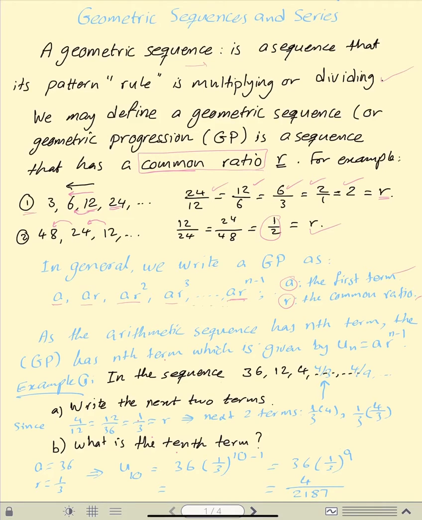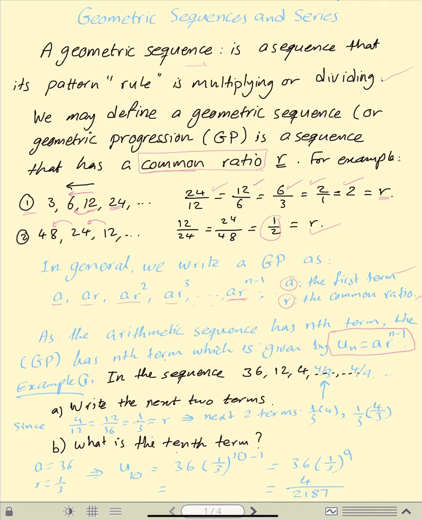As we took in arithmetic progression, a sequence has an nth term and a sum. We'll be studying this today. A geometric sequence has an nth term given by this formula: the nth term is equal to A R to the power of n minus 1.